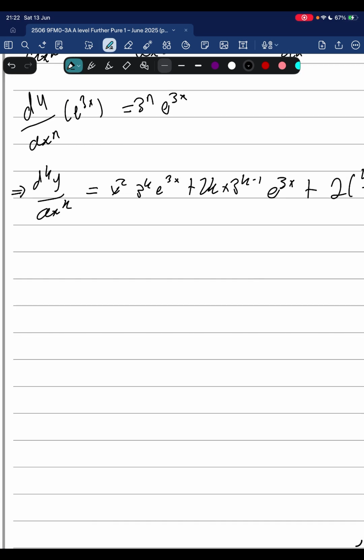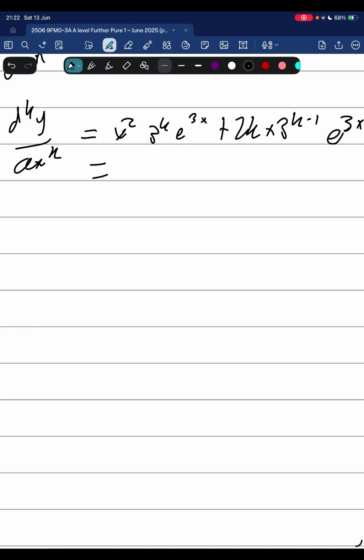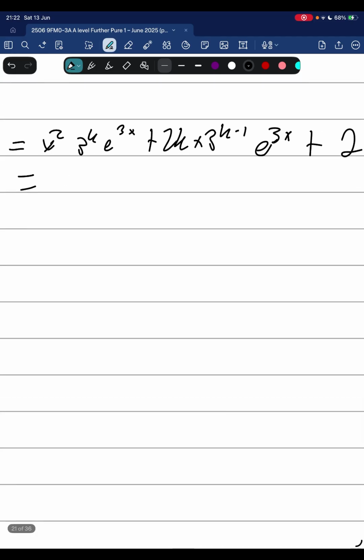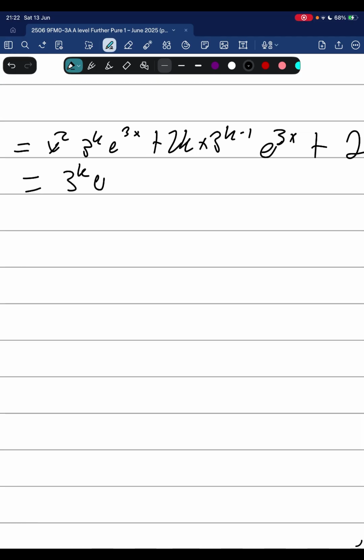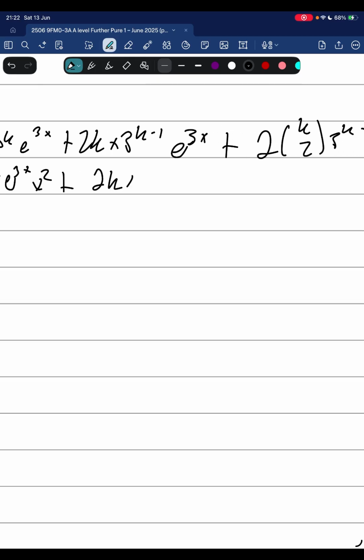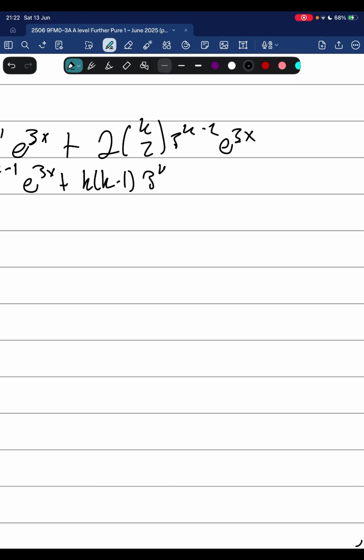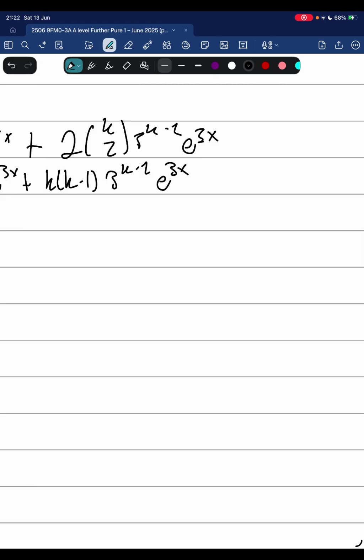And now 2 times k choose 2 is going to be 2 times k times k minus 1 over 2, which is k(k minus 1). Let me just rewrite this in a better way: 3 to the k e to the 3x x squared plus 2kx 3 to the k minus 1 e to the 3x plus k(k minus 1) 3 to the k minus 2 e to the 3x.